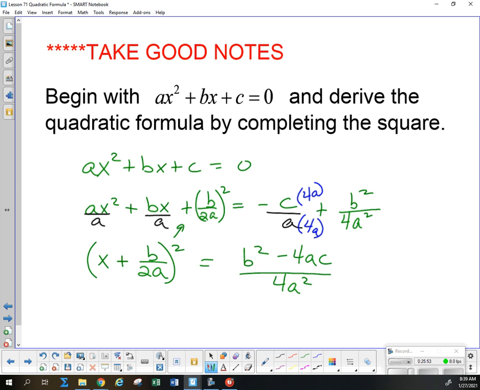Now we get to take the square root of both sides. But when we do that, we know we have to take the plus or minus square root of that.